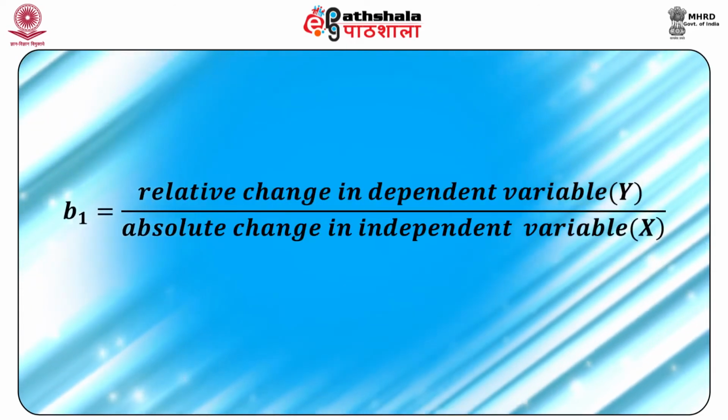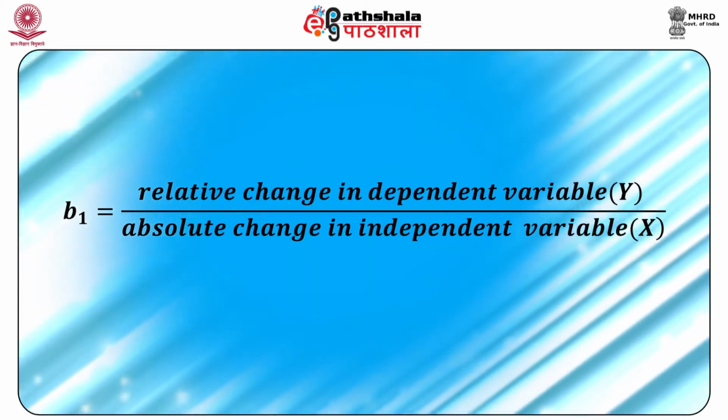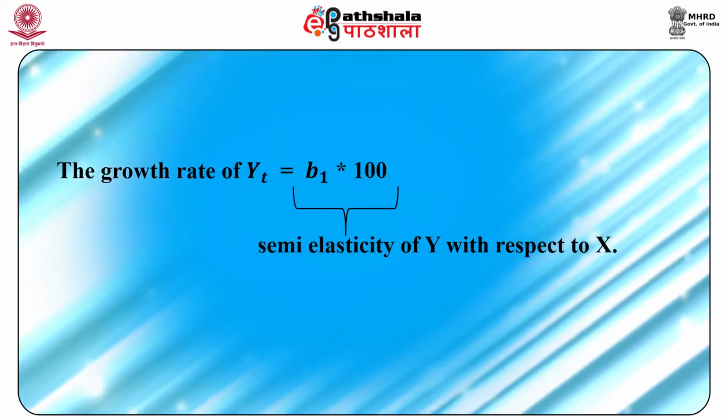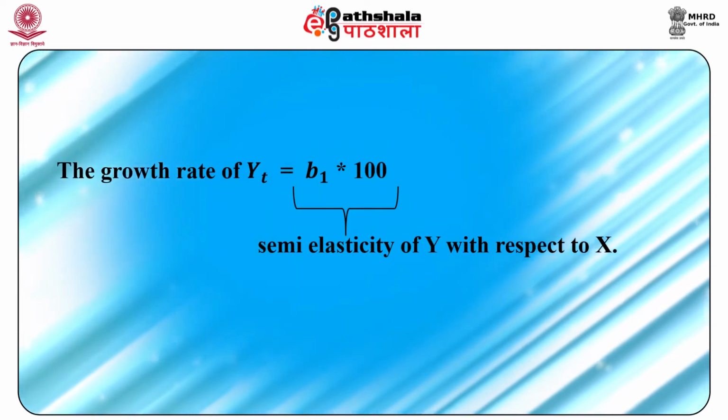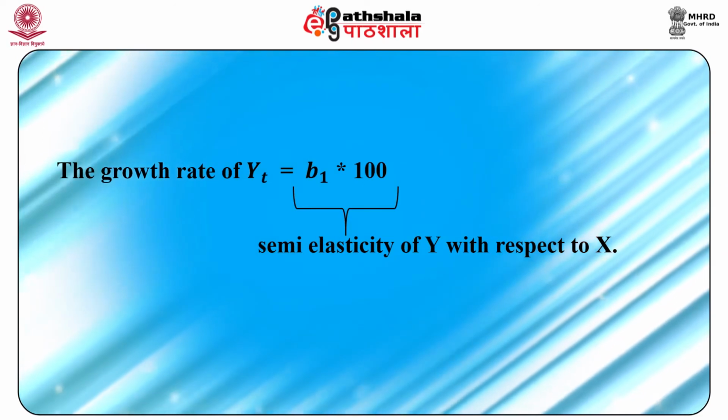In this model, the slope coefficient measures the relative change in the dependent variable for a given absolute change in the value of the independent variable. Hence, b1 is equal to the relative change in dependent variable y upon absolute change in independent variable x. Now, the growth rate of yt can be obtained by multiplying b1 by 100.